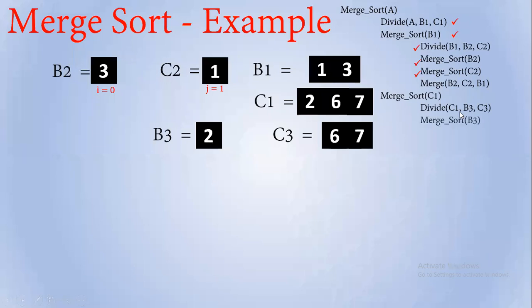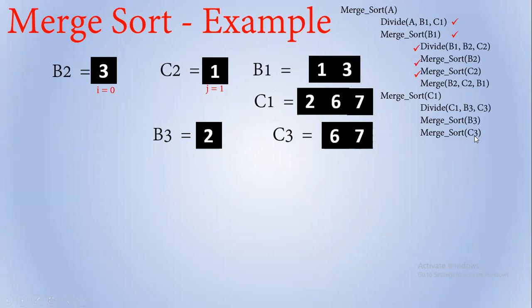So again, merge sort B3 will be called, but there is only one element, so nothing will happen. Then merge sort C3 will be called, but you can see there are 2 elements. So since there are 2 elements, inside this merge sort C3, again these four should happen.